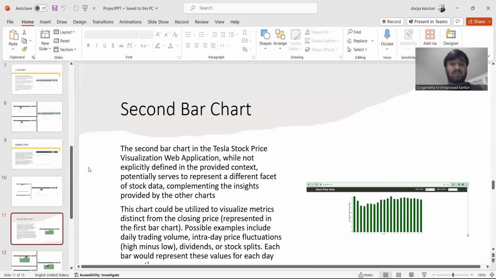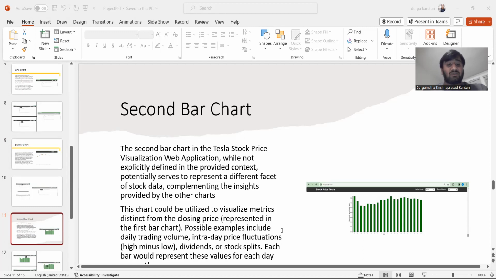And now coming to the second bar chart. The second bar chart in the Tesla stock price visualization web application, while not explicitly defined in the provided context, potentially serves to represent different facets of stock data, complementing the insights provided by the other charts. That chart could be utilized to visualize metrics distinct from the closing price represented in the first bar chart.